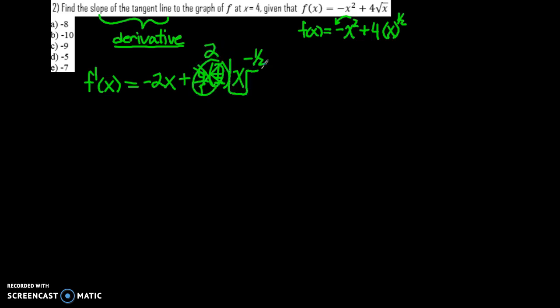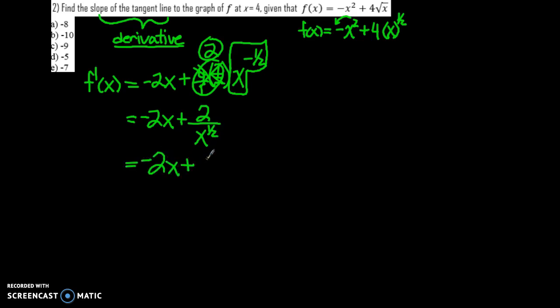And this goes into the denominator of the right portion of the problem. So we end up with -2x plus that 2 stays on top. It's not affected by the -1/2. And we've got x to the 1/2. Now let's just write it as a square root, because that's how we recognize what to do algebraically. And now we've found f prime everywhere of the function.